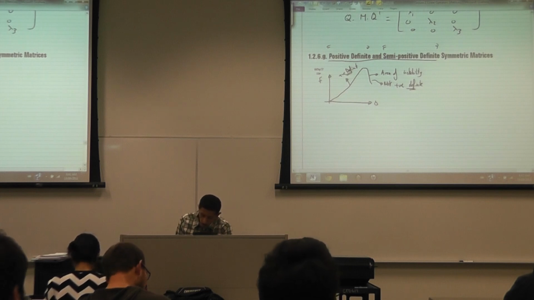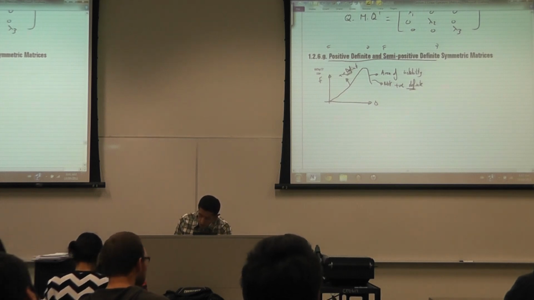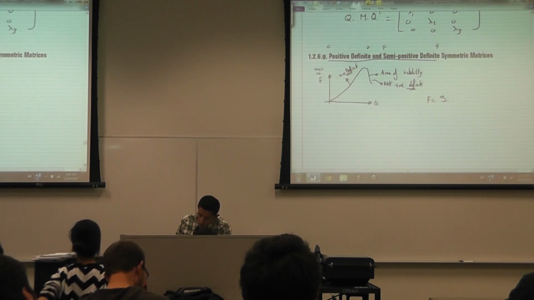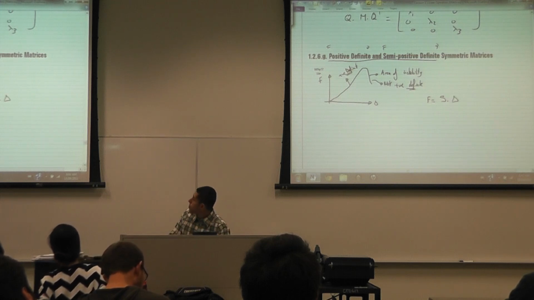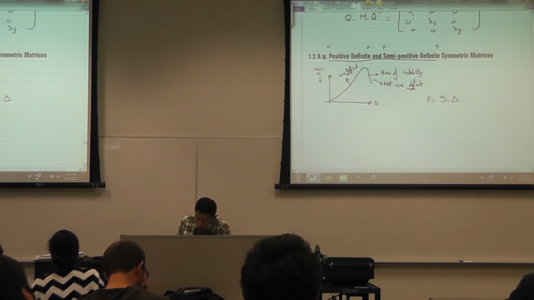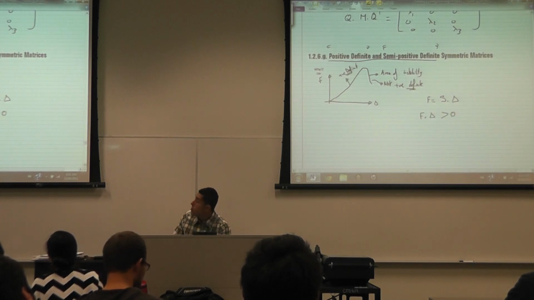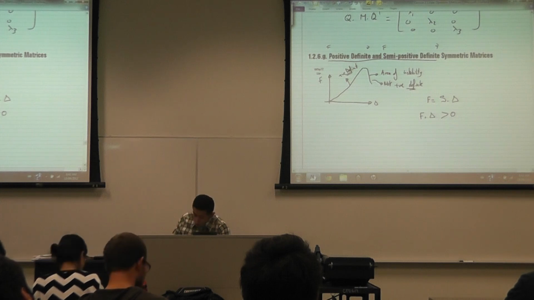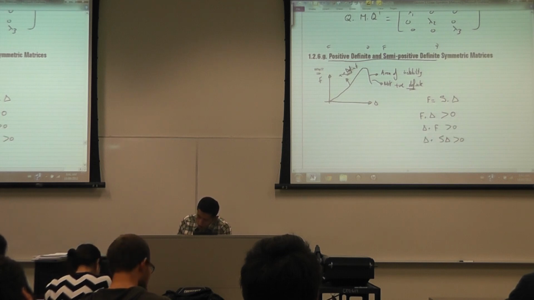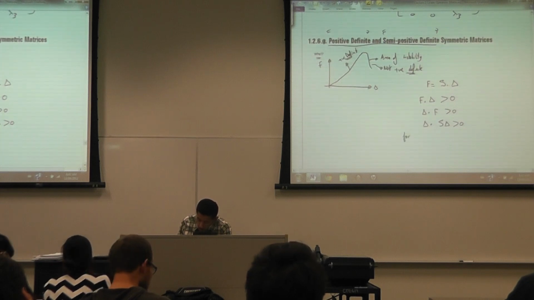So in general, we have that F, where this is a vector of forces, is equal to a symmetric matrix multiplied by a vector of displacements. And we want F dot delta to be greater than 0, which means delta dot F has to be greater than 0, which means delta dot S delta has to be greater than 0, for any delta.